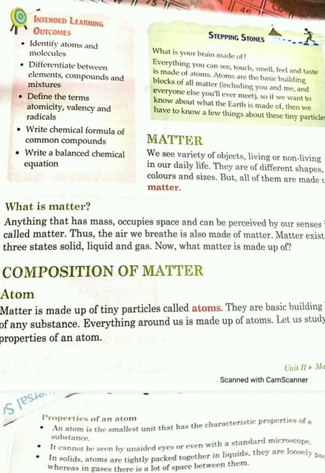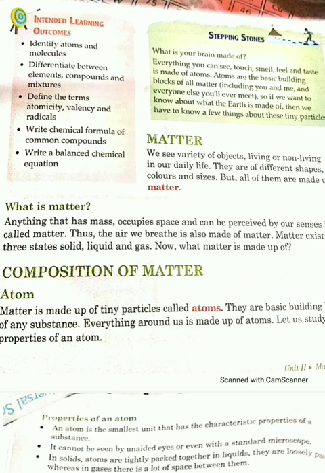So matter is made up of tiny particles named atoms, or we can say atoms are the basic building blocks of any substance. We can take the example of a house. As you know, any house is made up of a collection of walls, and walls are made by a collection of bricks.